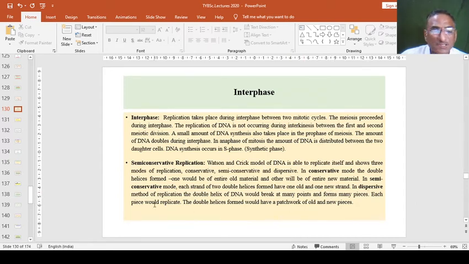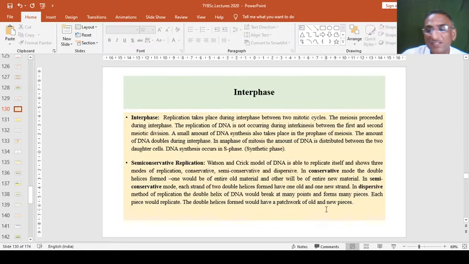In the dispersive method of replication, the DNA double helix would break at many points and form many pieces. Each piece would replicate and form the new strand, and the double helices formed would have a patchwork of old and new pieces.